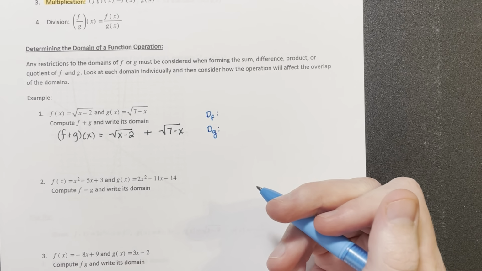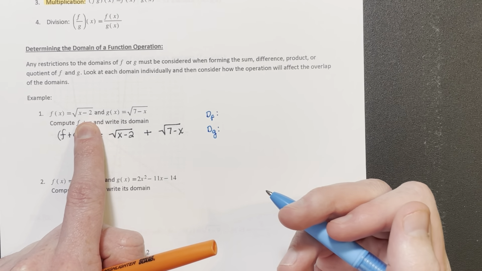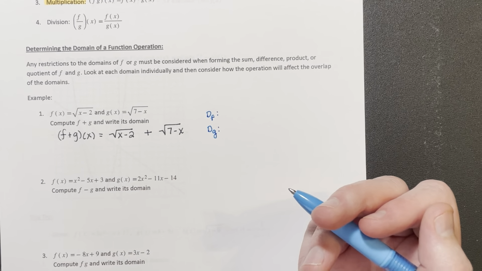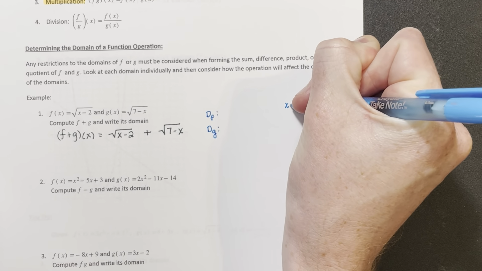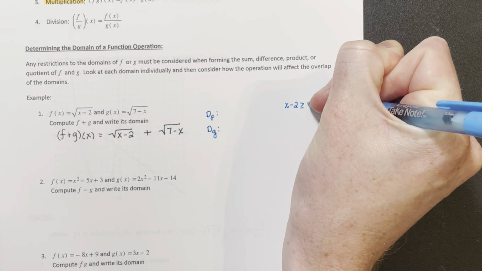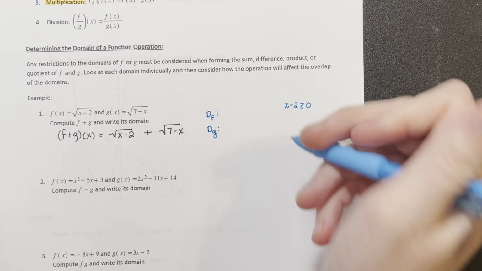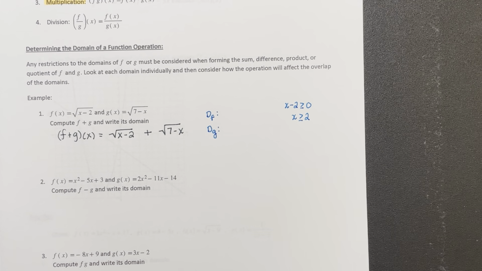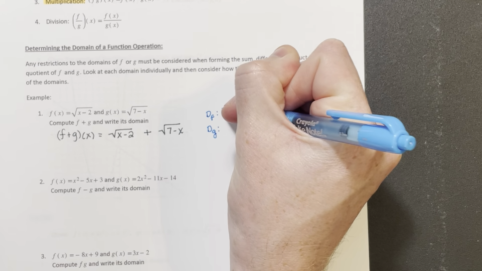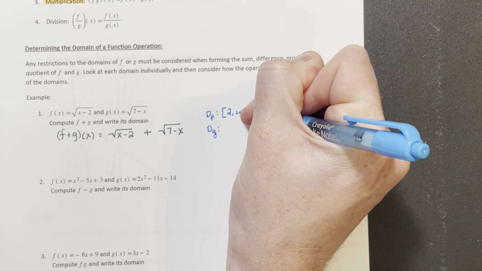When we look at f, it was the square root of x minus 2. When you have a square root, the inside has to be greater than or equal to 0. So if I simplify that, I get x is greater than or equal to 2, which means the domain would be bracket 2 to infinity.